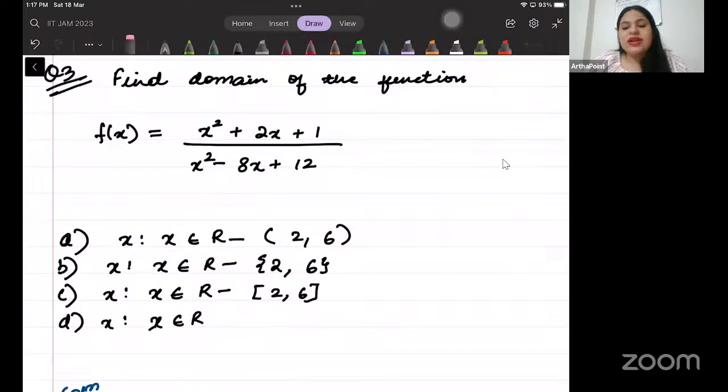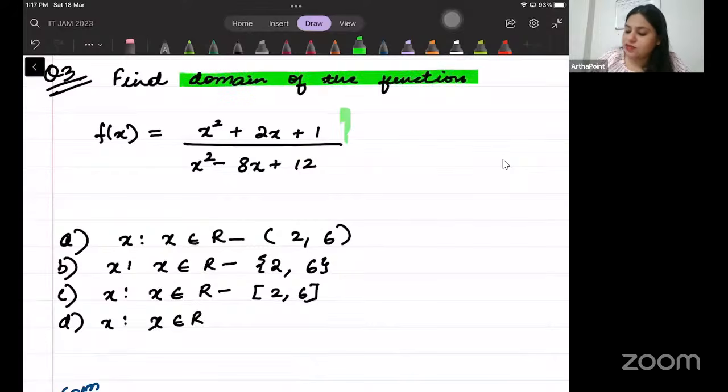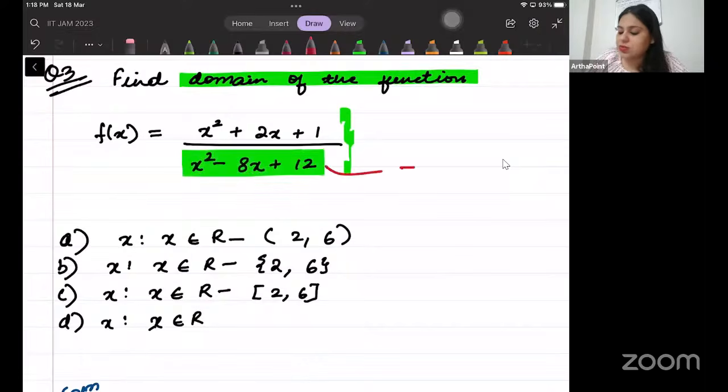Now, let us go to the next question. This says, find the domain of the function, and you are given this. Very simple. We know that for the domain of the function, if this is in a numerator denominator format, the denominator cannot be equal to 0.